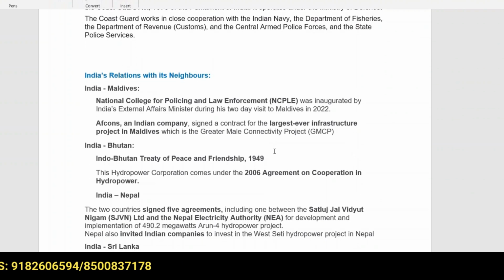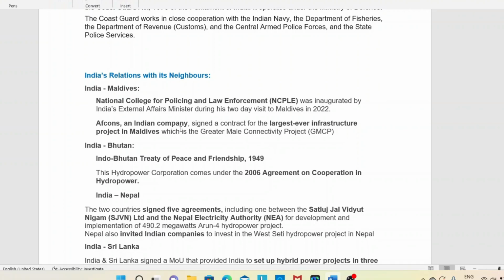Let's see about India's relations with its neighbors. First one, India and Maldives. The National College for Policing and Law Enforcement was inaugurated by India's External Affairs Minister during his 2-day visit to Maldives in 2022.